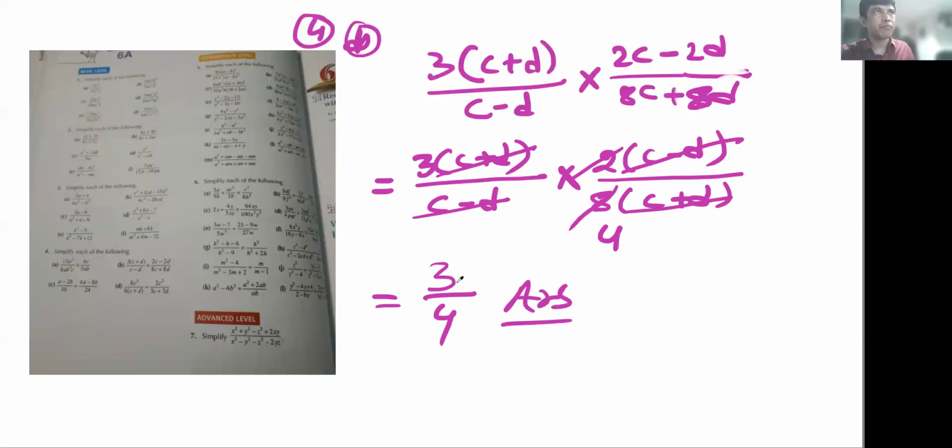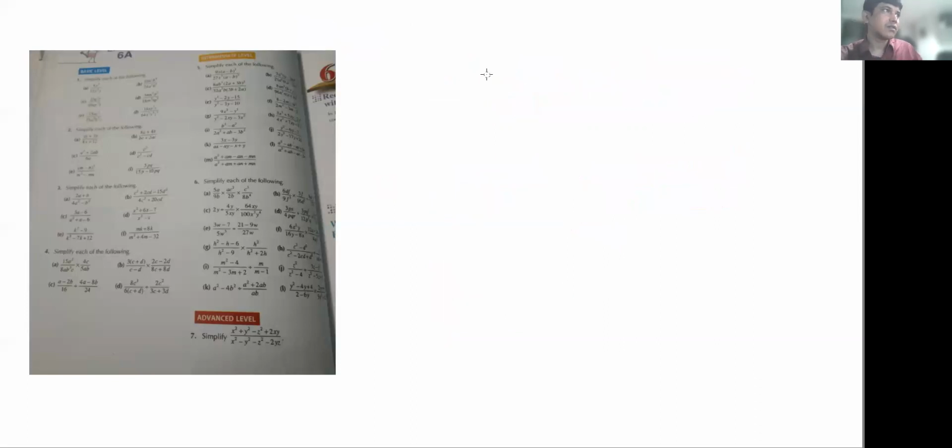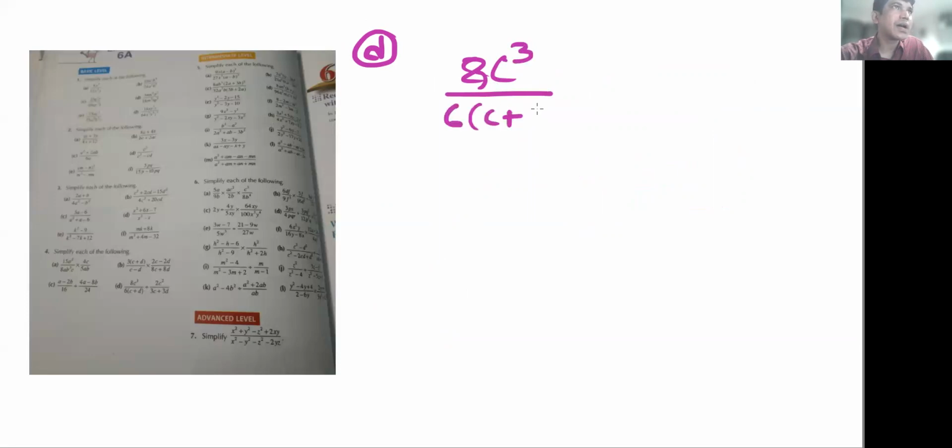So you just have to consider how you will factorize this one. Now number D. It looks so difficult, but it is most easy. 3Q divided by 6 into C plus D, plus 2C square divided by 3C plus 3D.